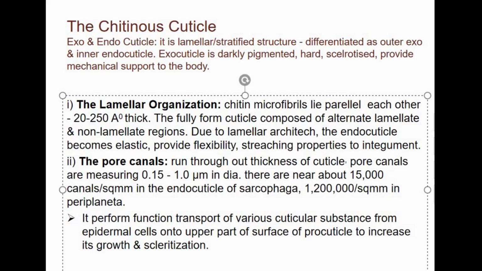Where are the epidermal cells present? At the base of the integument. From the epidermal cells they carry important nutriment which passes onto the upper surface of the procuticle to enhance the process of growth and the process of sclerotization.